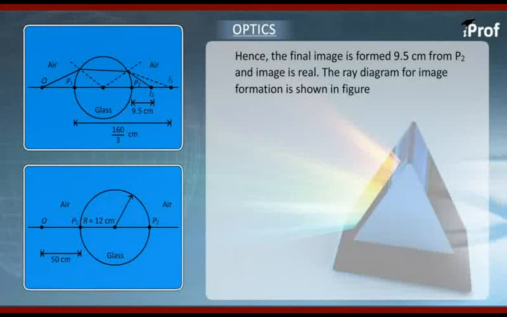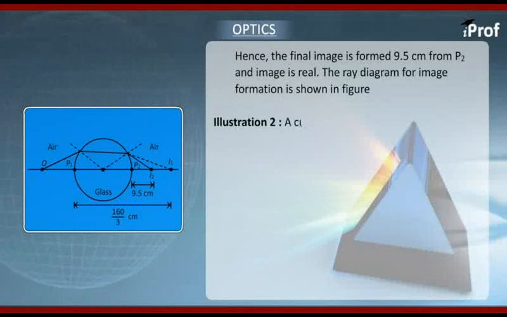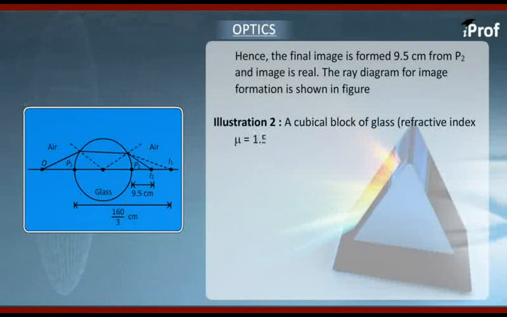Now let's take another problem, which is a bit lengthy, to understand refraction from a plane surface as well as a spherical surface. The problem is shown on the screen. The problem says there is a cubical block of glass whose refractive index is 1.5, and it has a concentric spherical cavity of radius r equal to 3 centimeter.